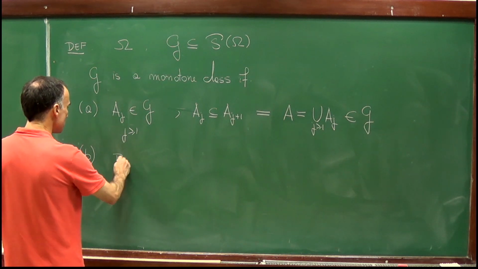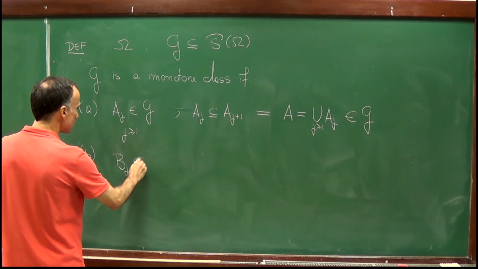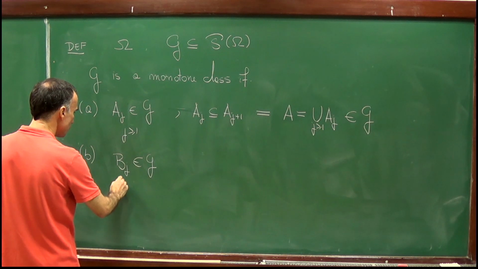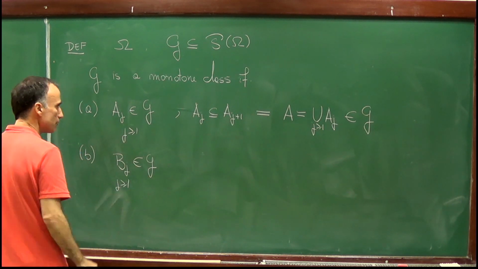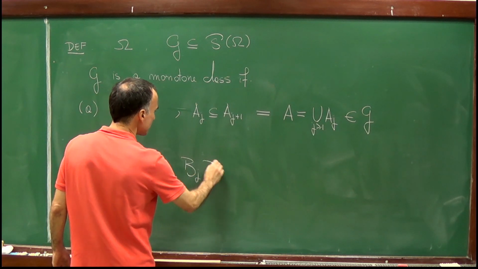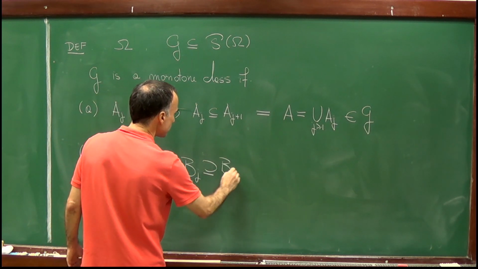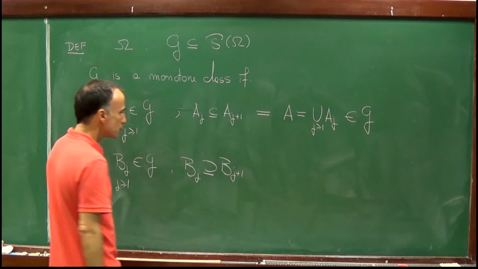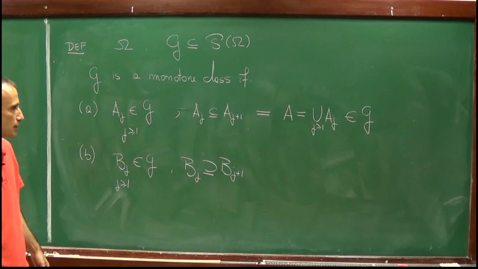So let's here assume that Bj belongs to G for j greater or equal than 1. Assume that Bj contains Bj plus 1, so that this sequence is a decreasing sequence.